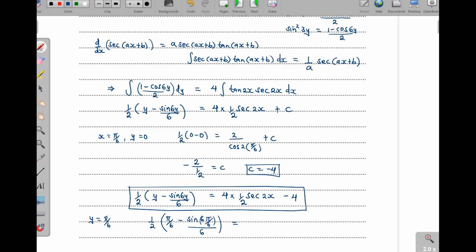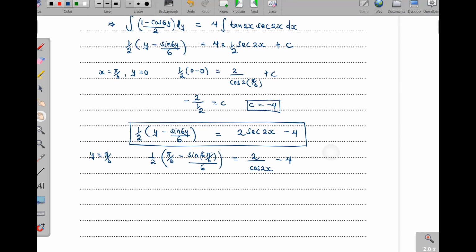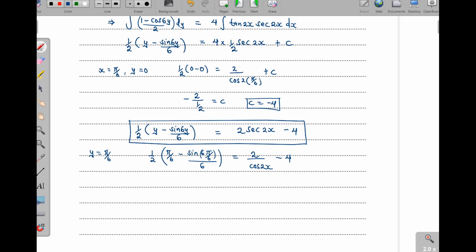Then here, of course, this one will be a 2. So I'll just write a 2 here. 2 sec of x, like that. Then we shall have 2 out of the cosine of 2x, then minus 4. So we are supposed to make x the subject of the formula, not so? Bring this on this side.